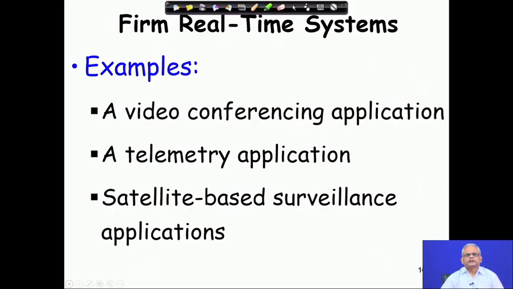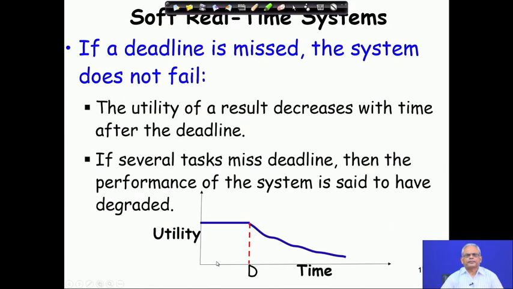If a communication data frame arrives late, then that is simply ignored. If it waits for all the frames before it displays, then you will see flicker and it will be unpleasant. So, a late frame is just ignored. Other examples are telemetry applications, satellite based surveillance applications, and so on.